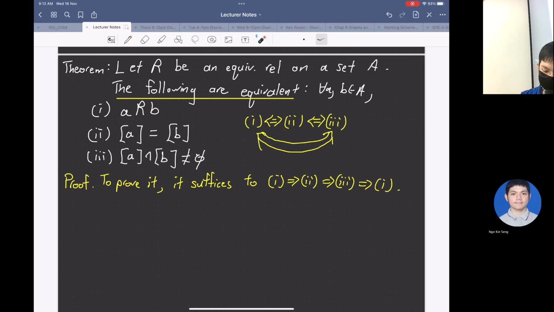If we can do this, then we form this cycle. Maybe you will ask about the other arrows, right? They can be achieved by going around the circle. So it's enough just to show the cycle.